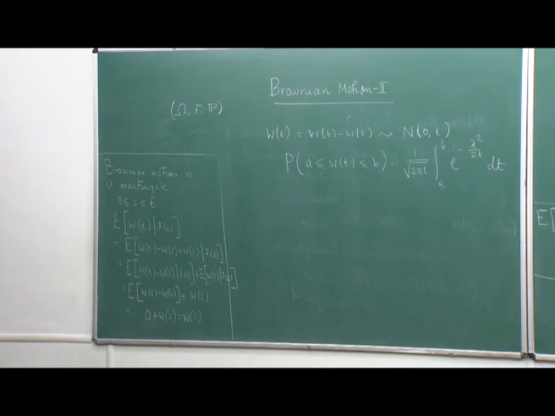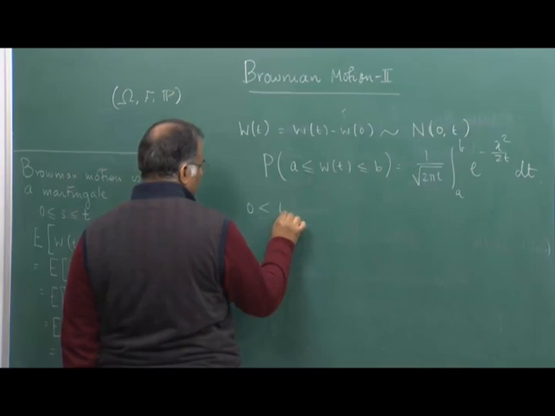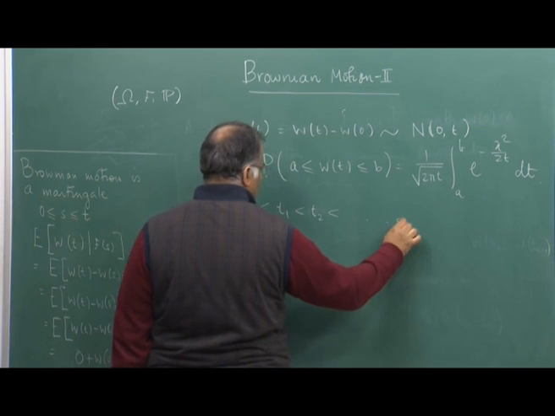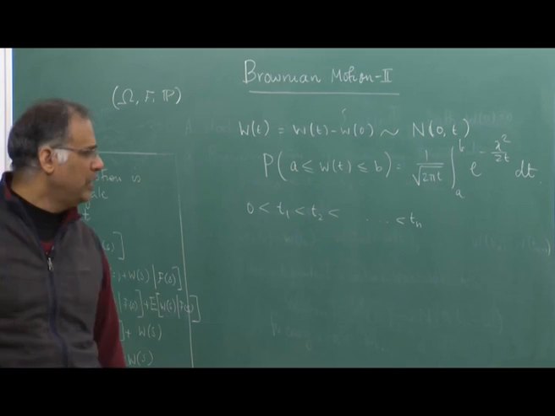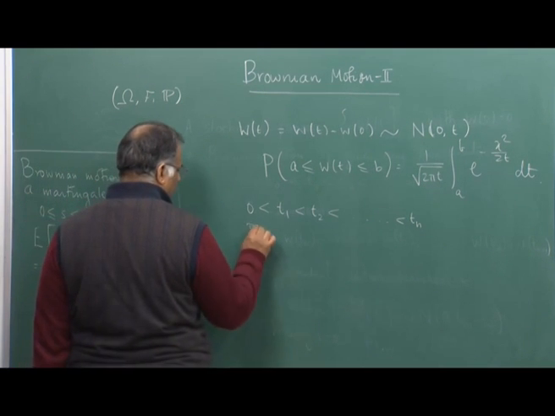The question is, suppose I now have n time points which are greater than 0; 0, I know where it is. So, you have these n time points and we ask the question of how to find the probability.